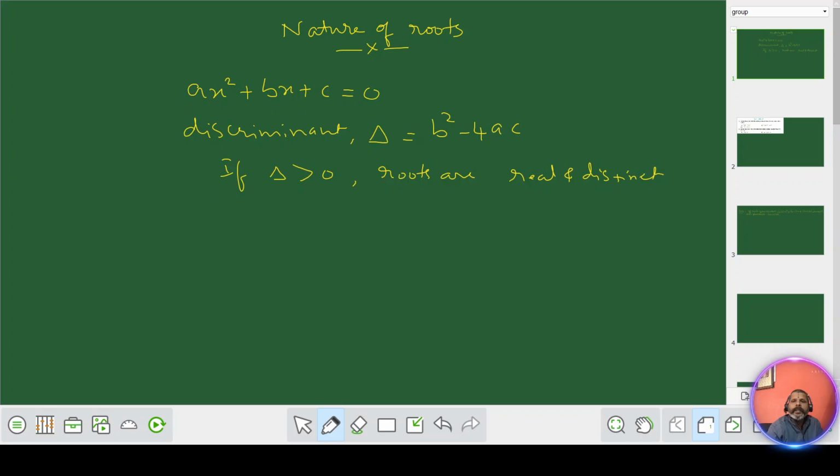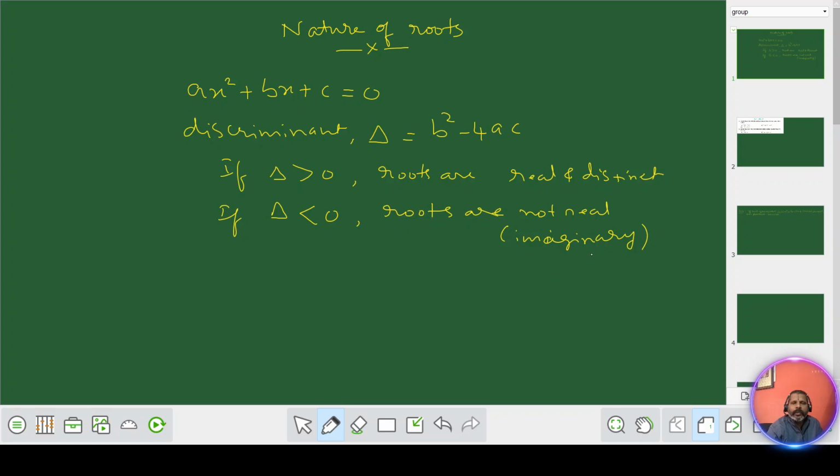When I say distinct, it is different, unique. If discriminant is less than 0, roots are not real. What do you mean by not real? It's called imaginary. Okay. Why imaginary?